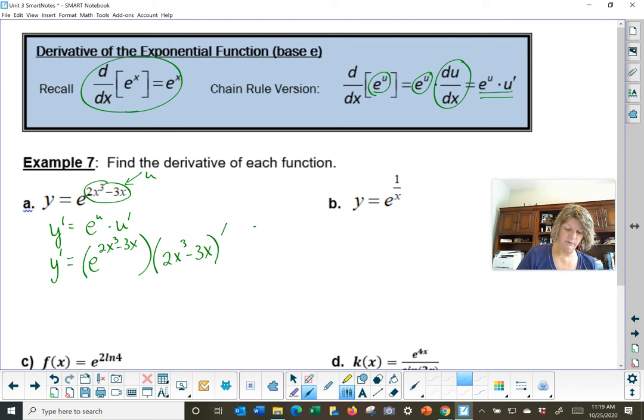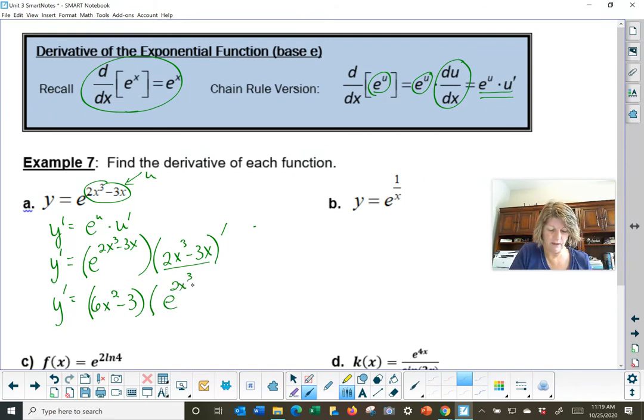I need to take its derivative, so I'll indicate with the prime symbol, and the derivative of this would be 6x squared minus 3, which needs to be in parentheses because both terms have to multiply by e to the 2x cubed minus 3x. Yes, did I change the order? Yeah, because I knew that I would like to have this stuff out front. So that's the derivative being taken there. And that's fine to leave our answer right there.